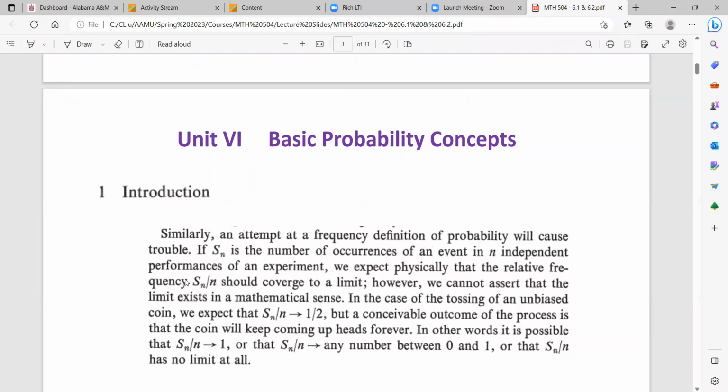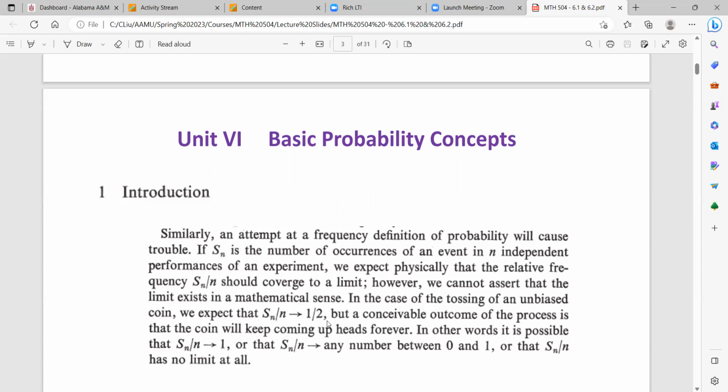We learned about limits before, but it's not always the case that the limit exists. In the case of tossing an unbiased coin, you expect this ratio to be 1/2, if you consider S sub n as the number of occurrences of head out of the total number of tosses. But the coin may not be unbiased.